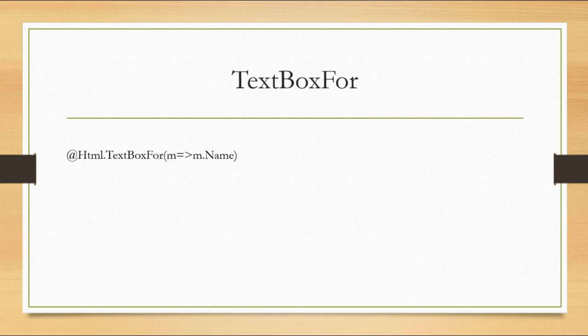With the strongly typed ones, using IntelliSense, we can see immediately if the property is a valid property or not, in this case, name. So this will produce a similar HTML string with a text type input control. And notice the value comes from the model itself.